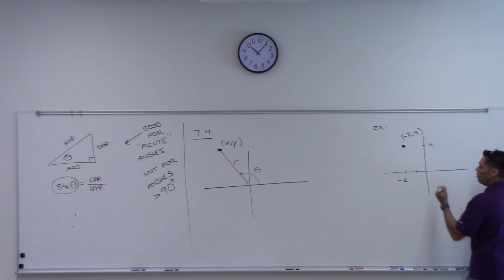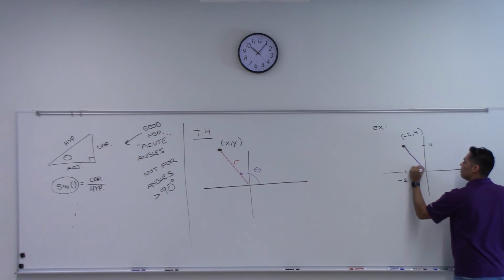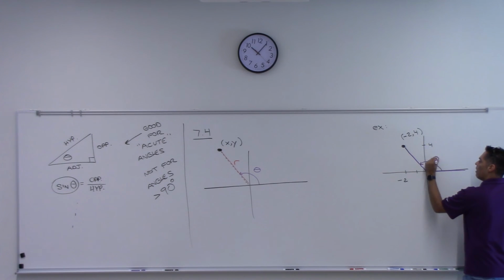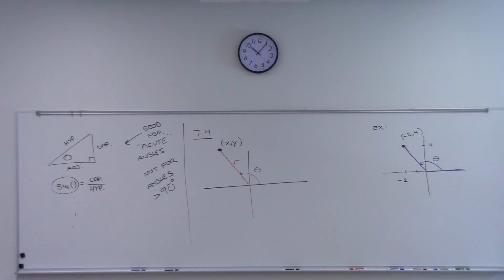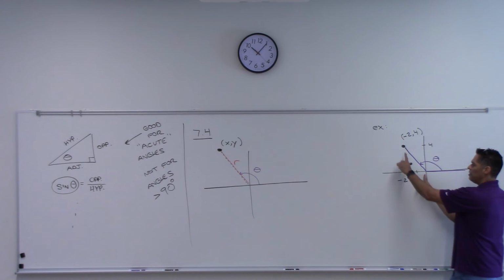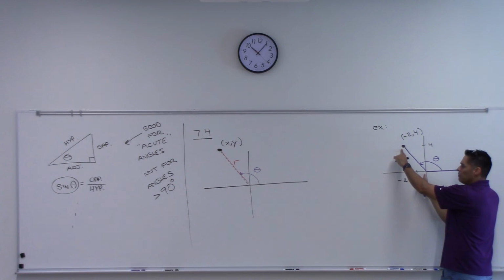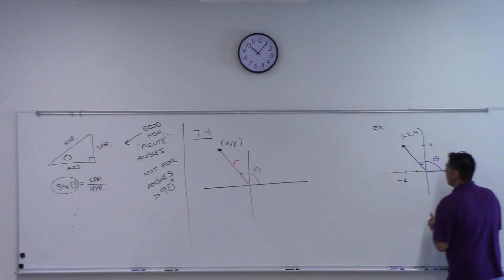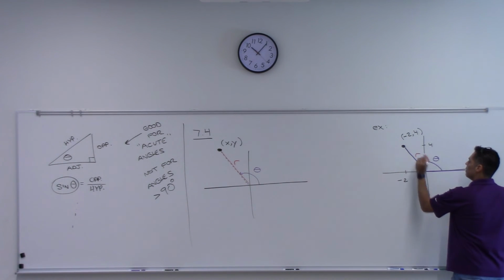There is an angle that is formed right here, right? That angle right there, we call that theta. Can you tell me how long this is? Can you find this distance from here to here? We're going to call it r, right? Let's call it r. But can you actually calculate it for me? How would you do that?